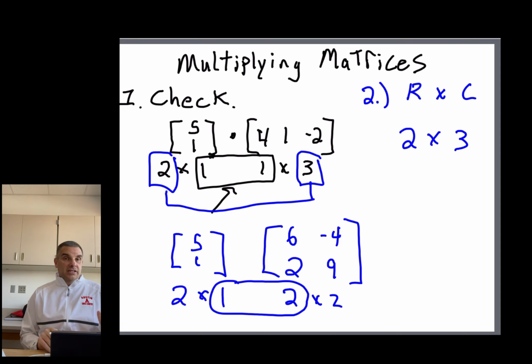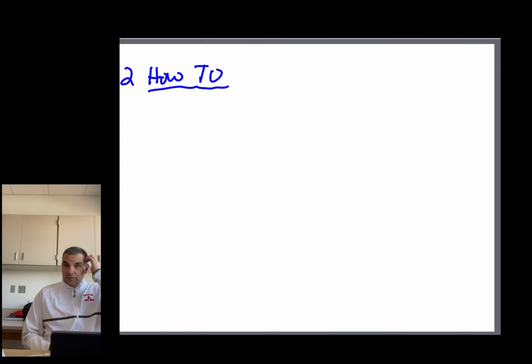So now that we've checked to see if it can be done, and we figured out what the new dimensions are, how do we go about multiplying two matrices together? This is actually probably step 3, but whatever. So let's just do it generically.